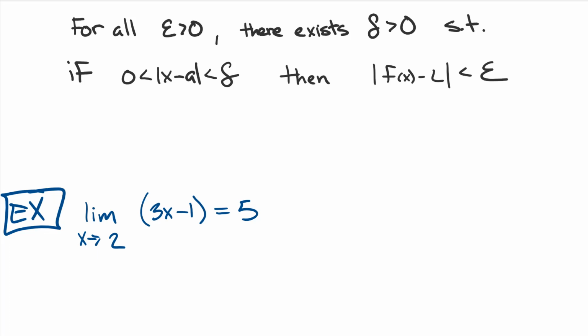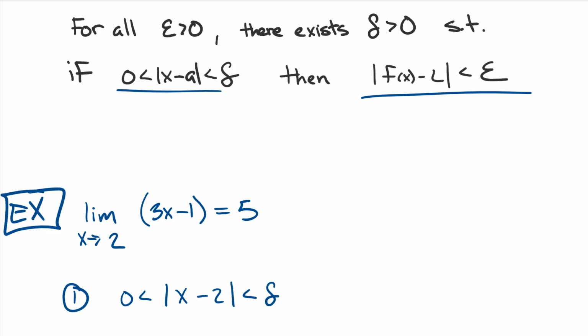So I'm going to break mine down in a formulaic 1, 2, 3 step way of doing it. So step 1. Now this is, I don't care which way you do it, you need to show me this. It must be done. And we want to rewrite this with all our x's, a's, f of x's, and L's. And there's our first step. And we say, all right, well, our a is 2, so it's the absolute value of x minus 2 is less than delta.